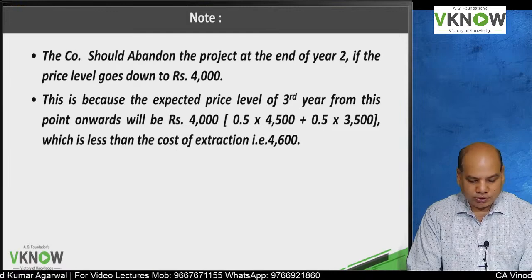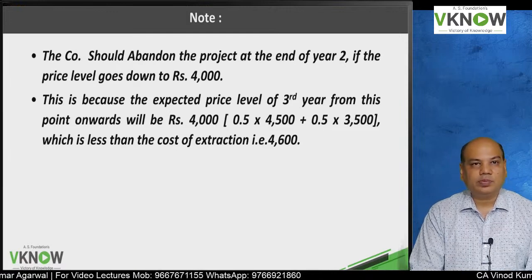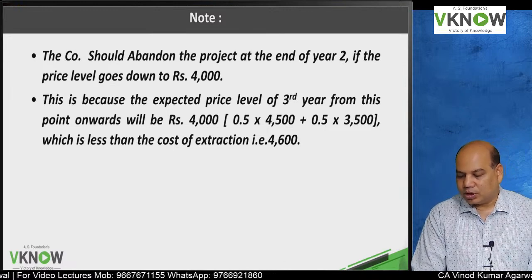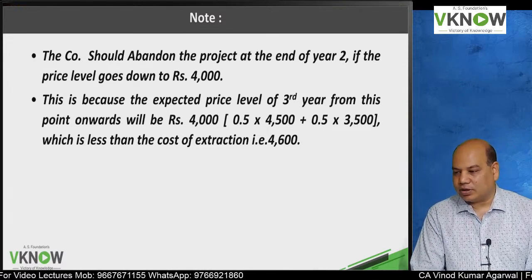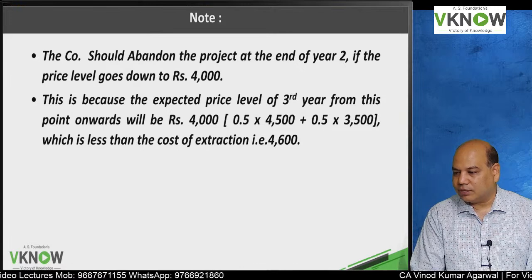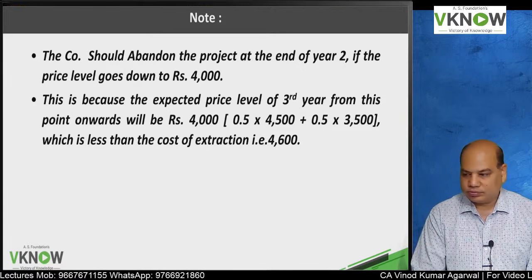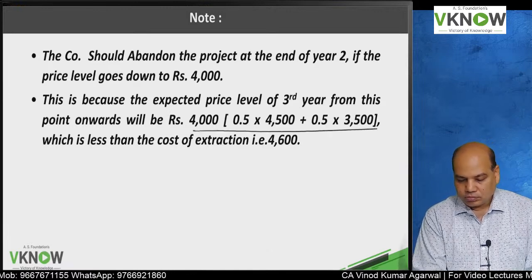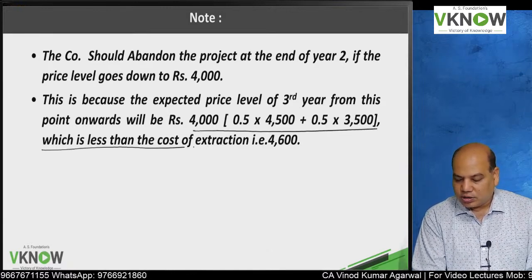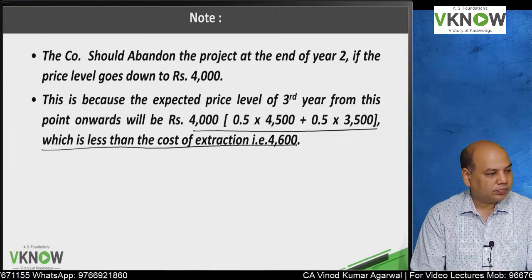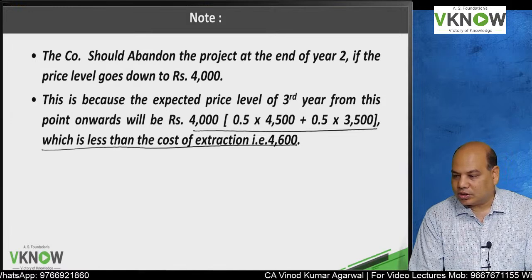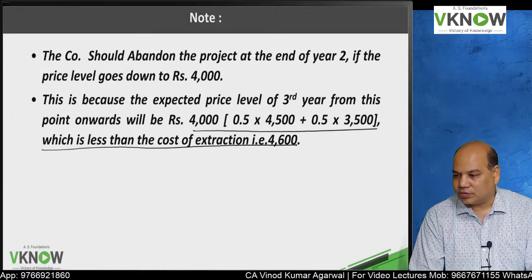In bracket write 0.5 into 4,500 plus 0.5 into 3,500. Keep looking at diagram number 1, which is less than the cost of extraction, 4,600.